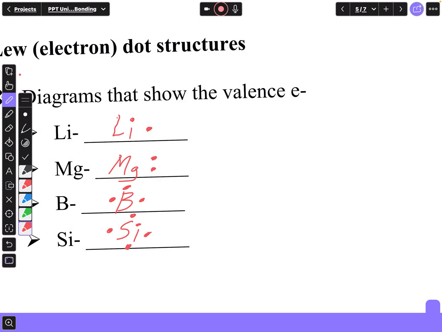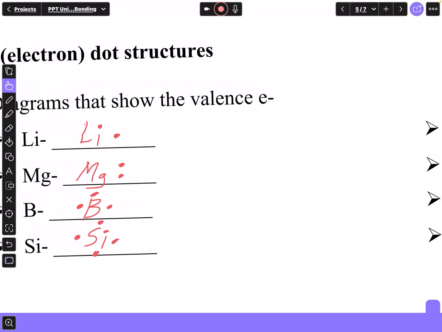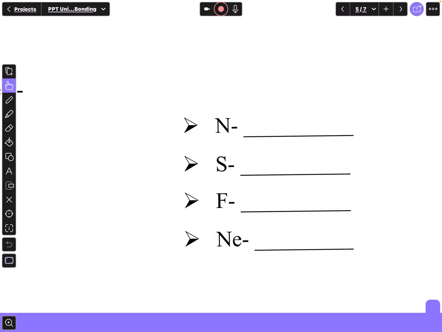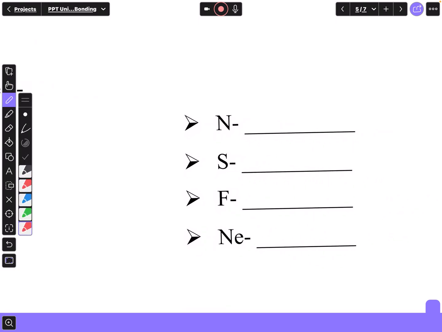So I would show it like that. Nitrogen is in group 15 or 5A.